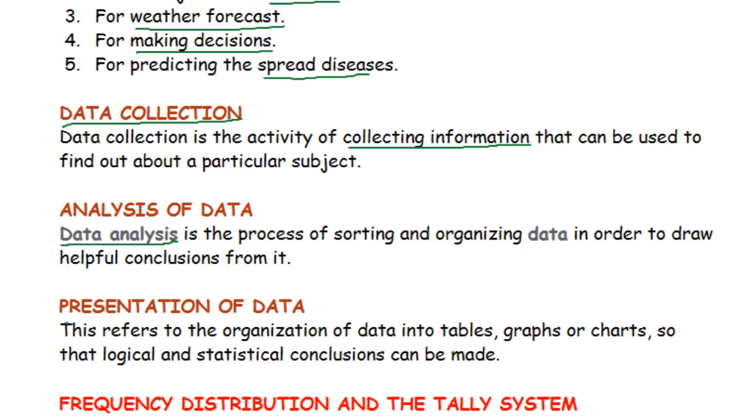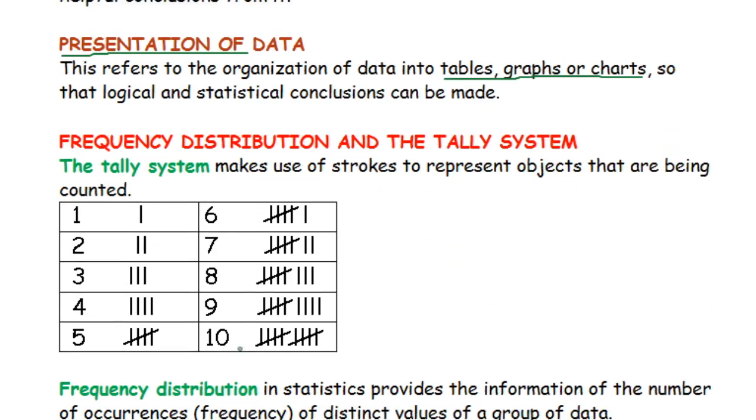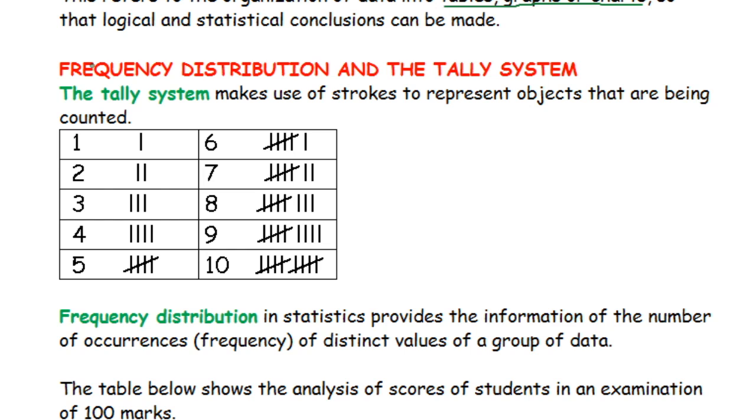And the last stage in the statistical process cycle is the presentation of data. So this refers to the organization of data into tables, graphs, or charts so that logical and statistical conclusions can be made.